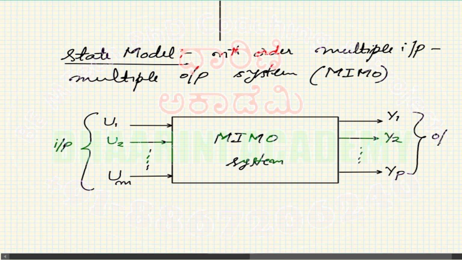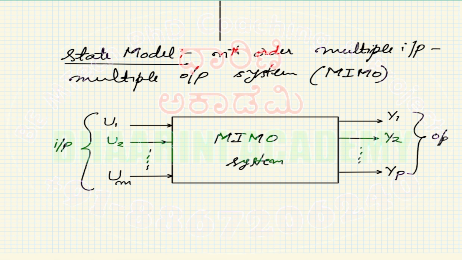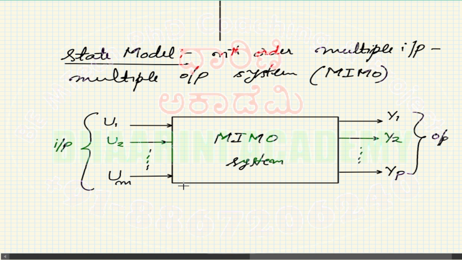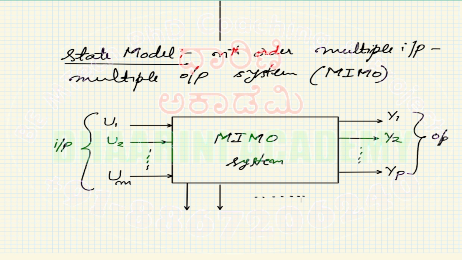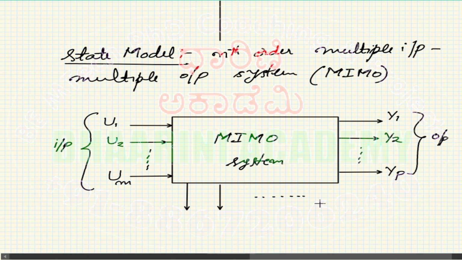So they are the outputs of the system. Now since we defined that it's an nth order system, what is the number of state variables you are expecting? It's n, right? Because we already defined that if n is the order of the system, there should be n state variables.